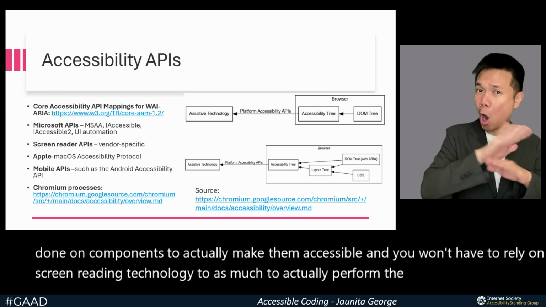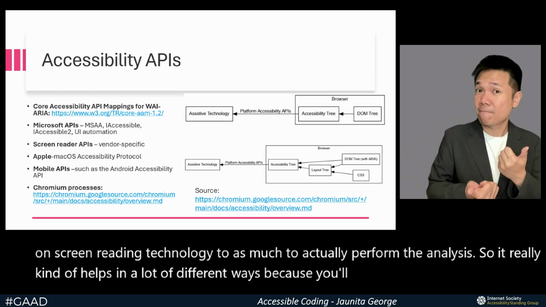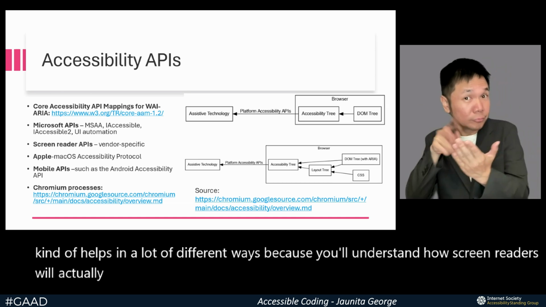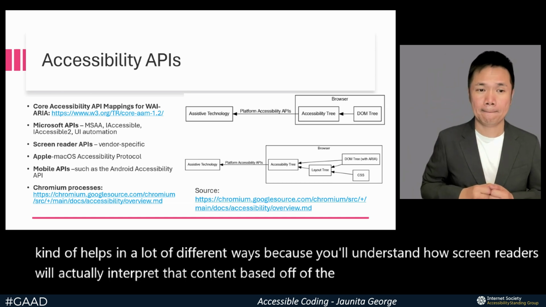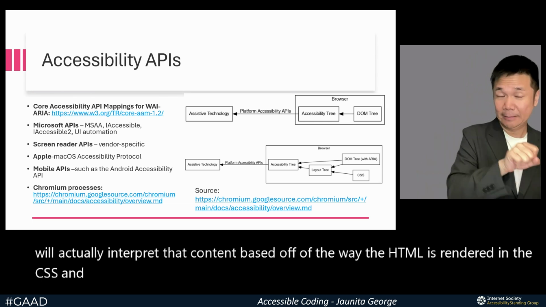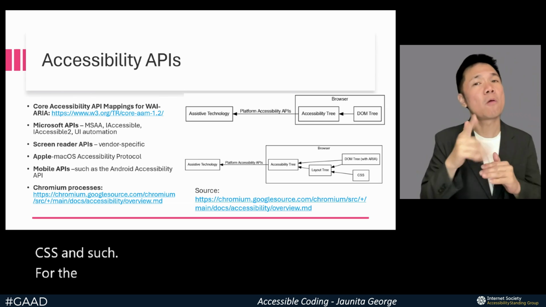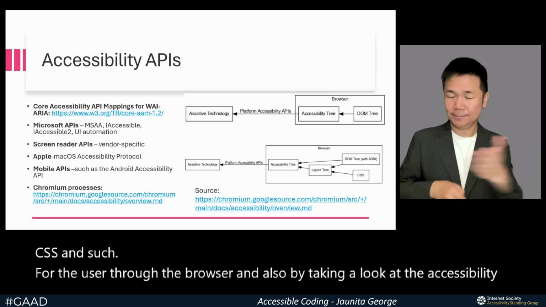It helps in a lot of different ways, because you'll understand how screen readers will interpret that content based off of the way the HTML is rendered with the CSS for the user through the browser. And also by taking a look at the accessibility tree with DevTools.